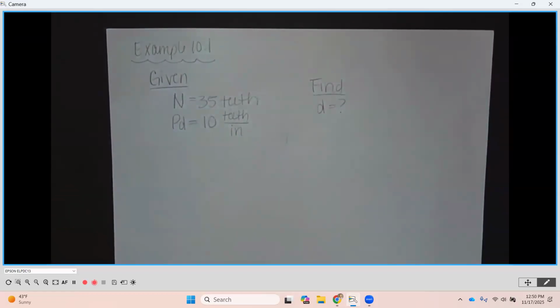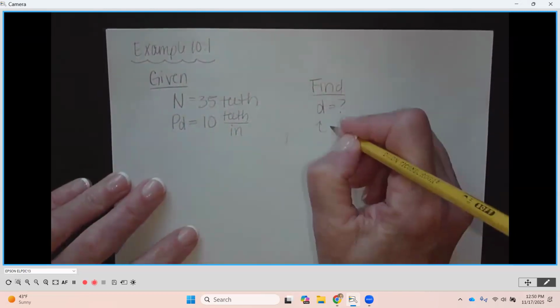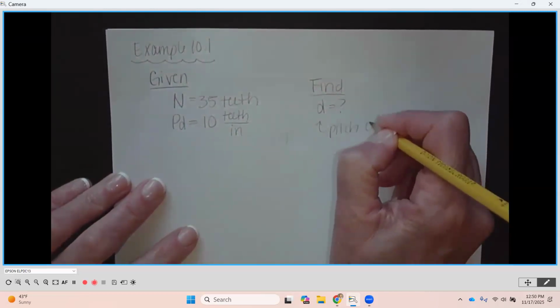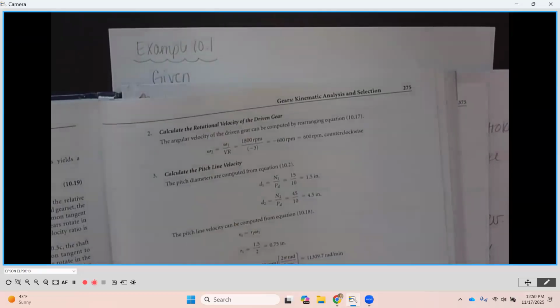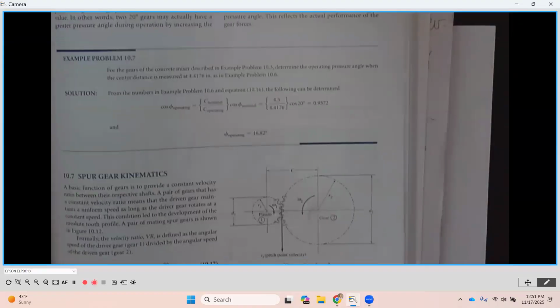Okay. So that's what we want to find, the pitch diameter. And I'm just going to go like this. You don't have to add this, but just so that we know, early on, pitch diameter is what we want to find. And just as a contrast here, the pitch diameter of the gear is on page 273.